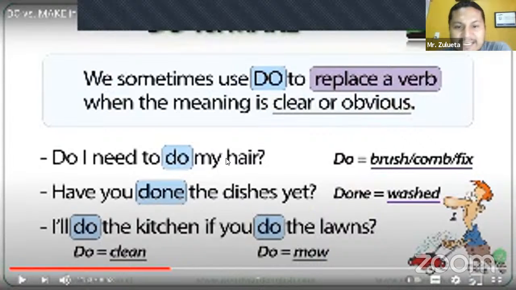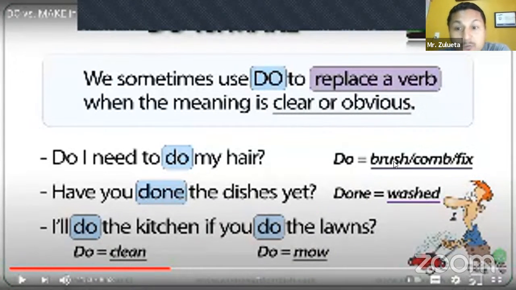Okay, so as you can see here, the verb do can also replace other verbs, okay, when in context it is obvious. For example, do I need to do my hair? Okay, so in this case, the verb do replaces the verb to brush, cepillar o peinar, comb, or fix, arreglar.